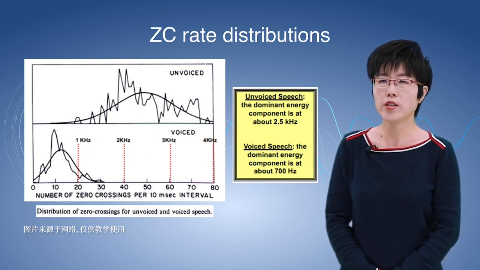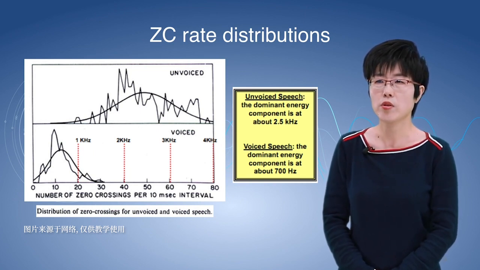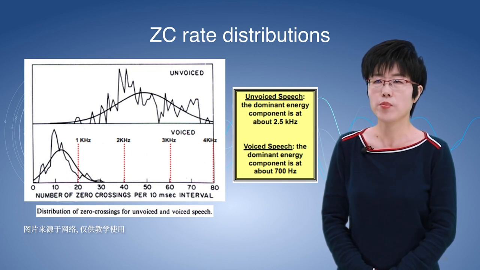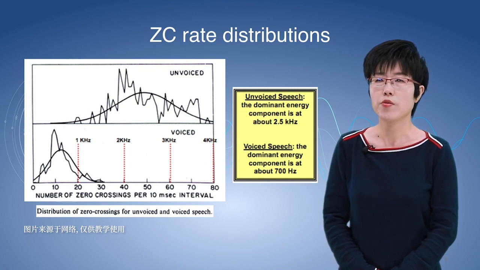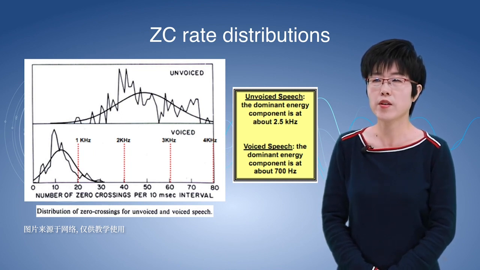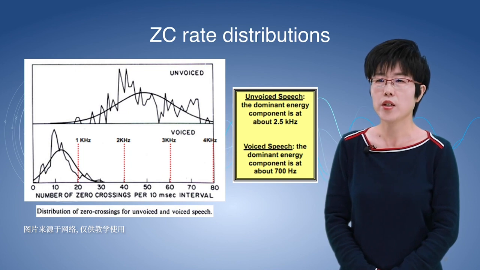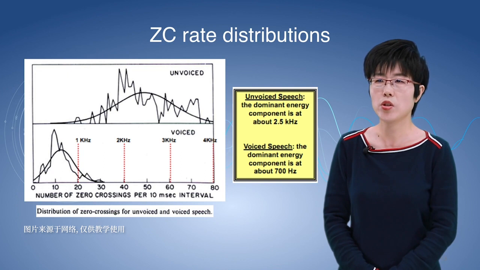The mean ZC rate for unvoiced speech is 49 per 10 millisecond interval and is 14 per 10 millisecond interval for voiced speech. From the figure, we can see that the ZC rate can be used to distinguish unvoiced and voiced speech under most circumstances.